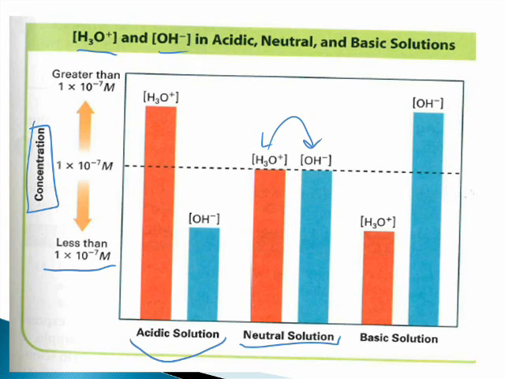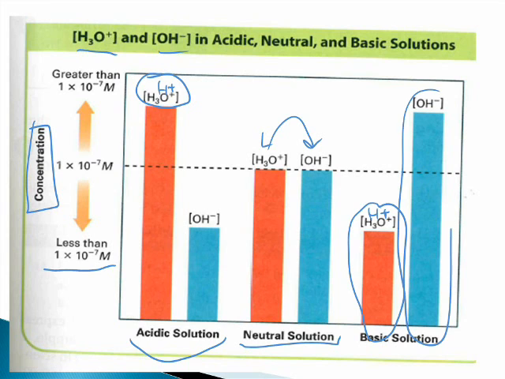In acidic solutions, we have a higher concentration of H3O plus, meaning higher concentration of H plus, and a much lower concentration of OH, depending on the pH, which we'll get to. In basic solutions, we have much less hydronium, protons, and much more hydroxide ion.